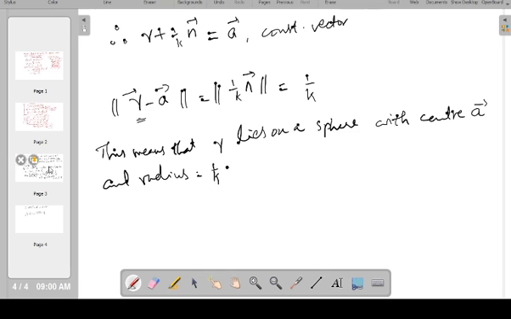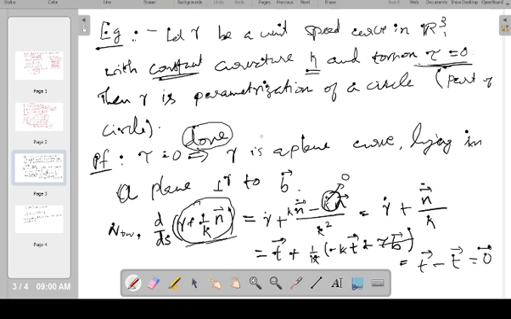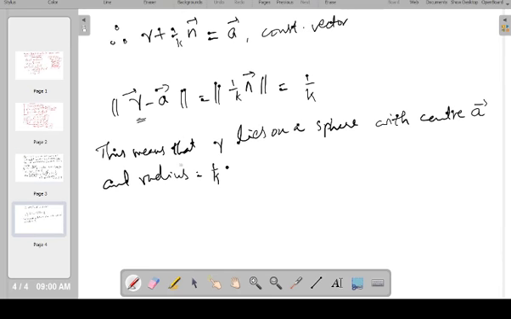But remember, already we have seen that gamma lies in a plane. Now we have shown that gamma lies on a sphere. That means gamma lies on the intersection of a plane and a sphere.